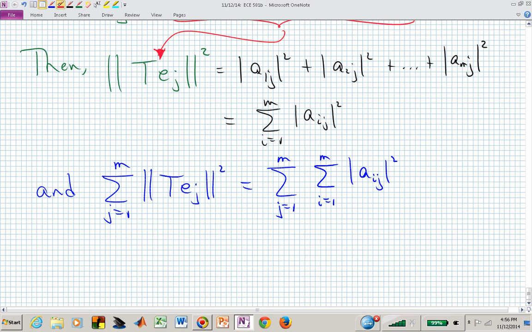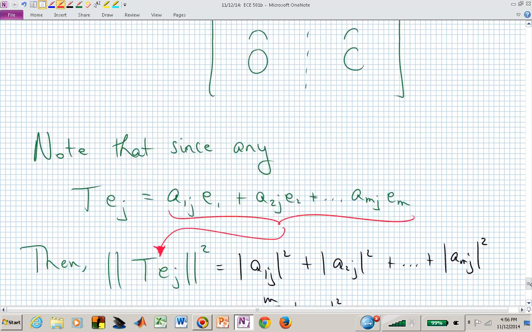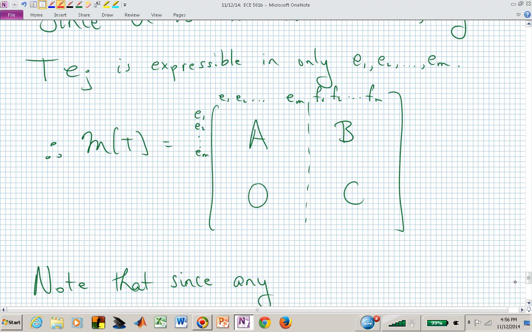This particular summation ends up being a sum of elements squared in the original sub-block A of that matrix representation of our linear operator T.